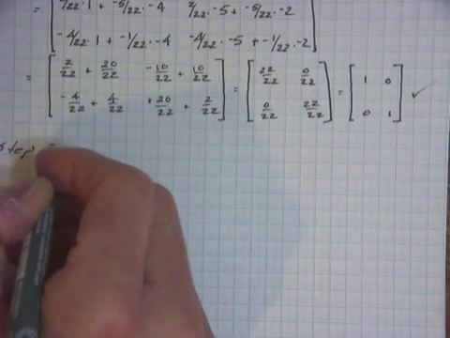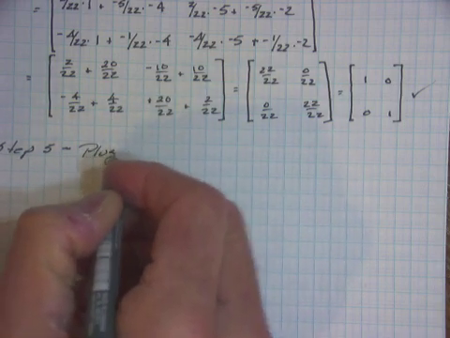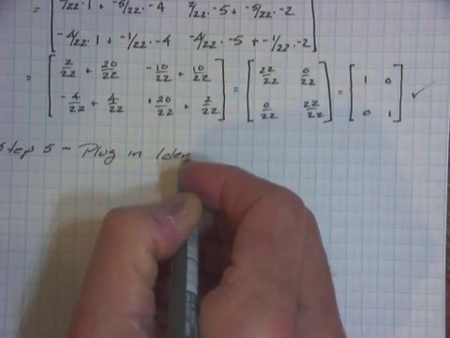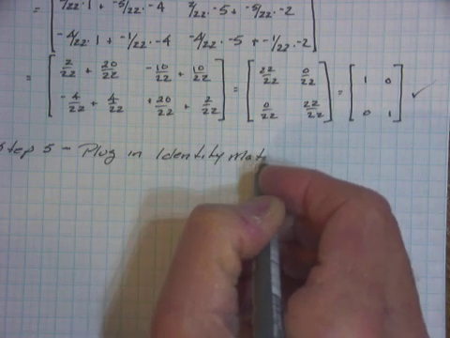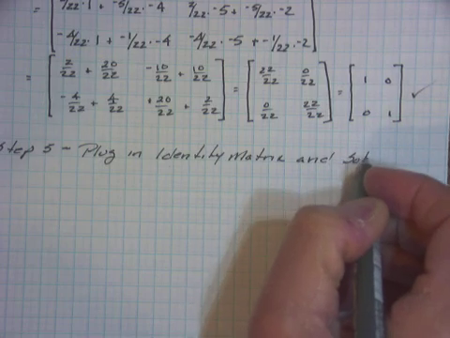Now that I know the product of these two is an identity matrix, I can plug in the identity. Oh, let's write this out as a step. Step 5, plug in identity matrix and solve.